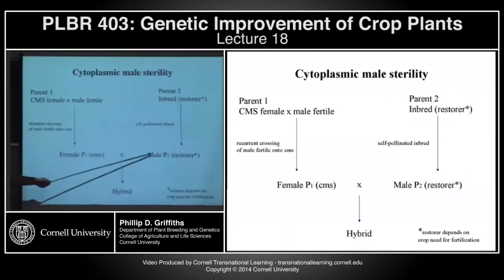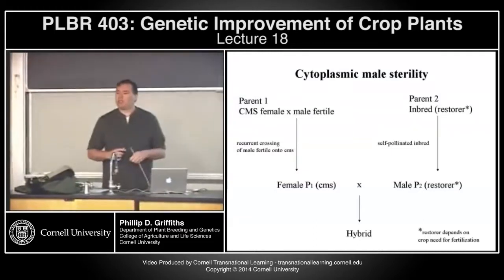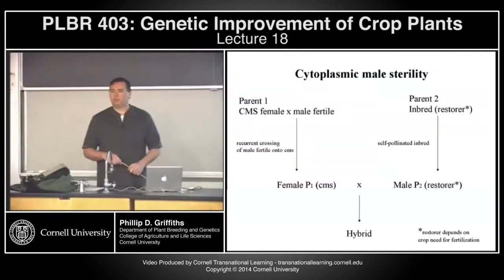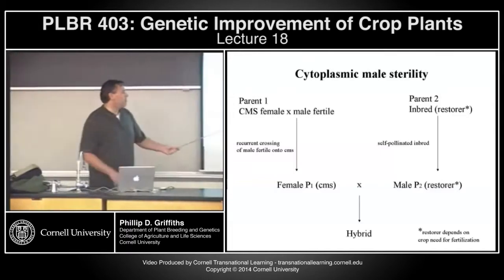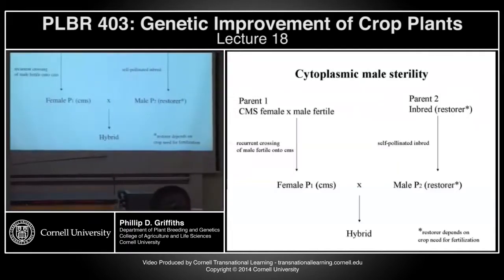We then develop a pollinator, which is going to be used to develop a hybrid. This is fine in the case of a crop like cabbage, because cabbage is a vegetative crop. If we create this hybrid, it will also be male sterile.